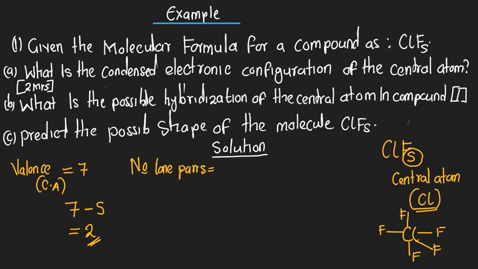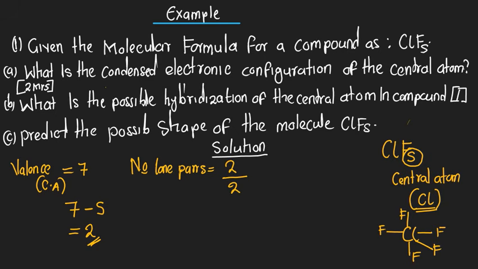The number you remain with when you subtract the number of bonded atoms from the valency, you are supposed to divide by 2 always.